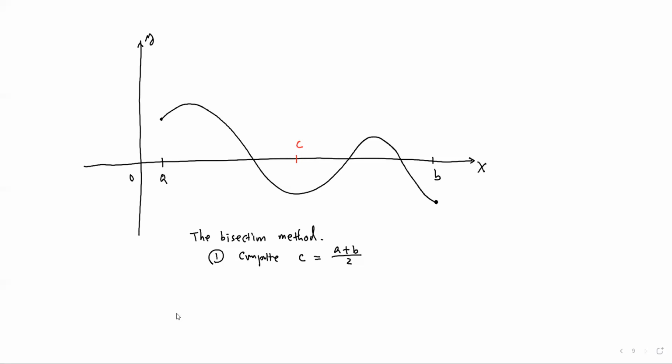Okay, step 2. Compute the function value at the midpoint. Then test the function value at A times the function value at C. Test if the product is less than 0.